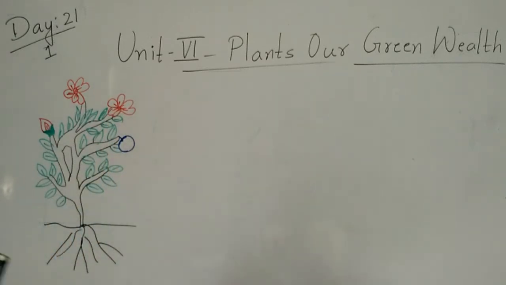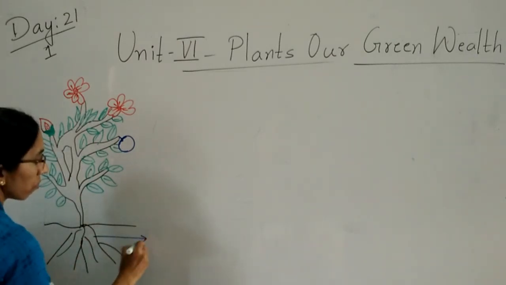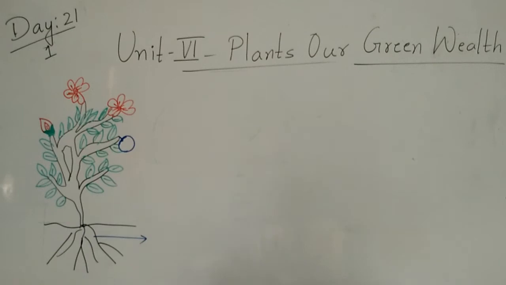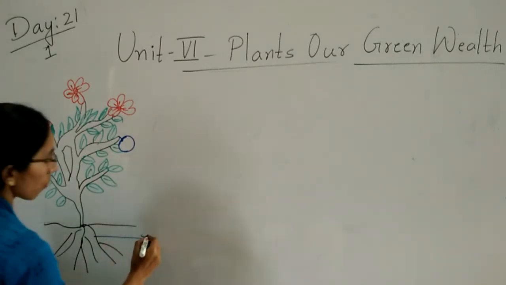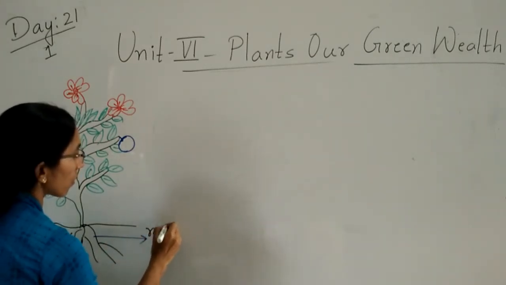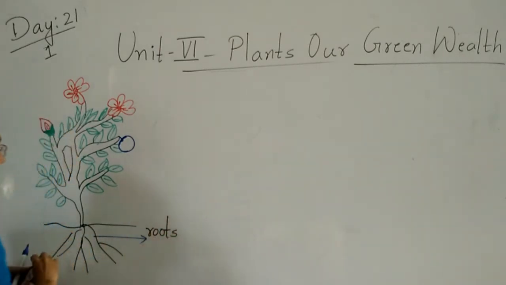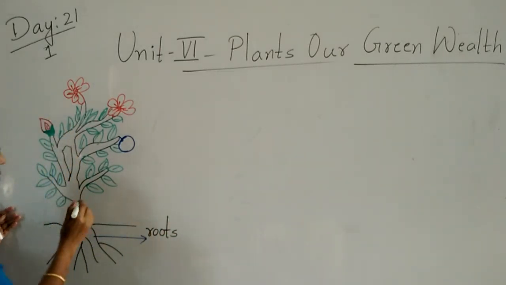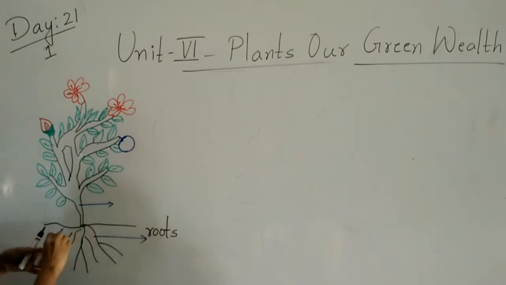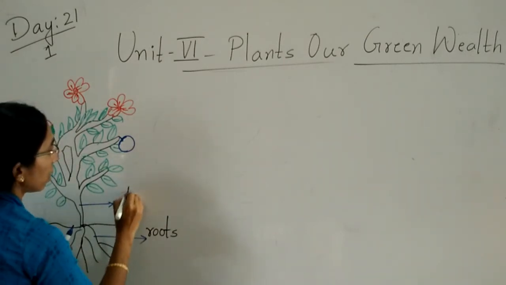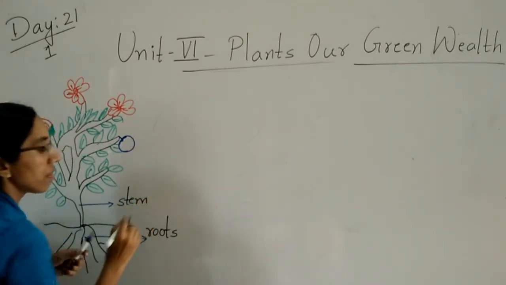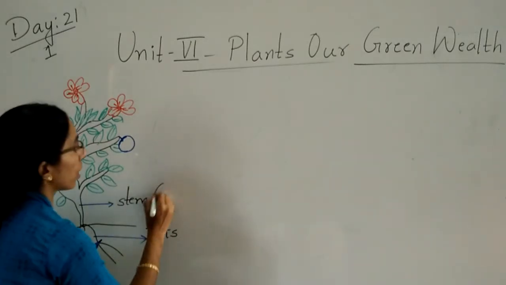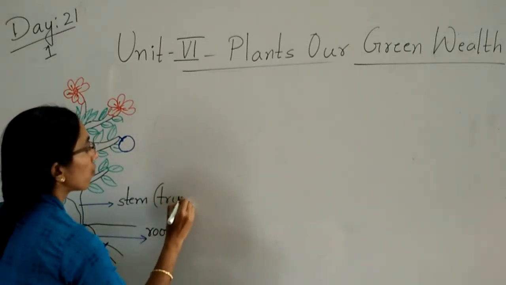Now we will divide the parts. Okay? Below the ground, what grows is the roots. Next, above the ground, you can see the stem. Stem is also called the trunk.